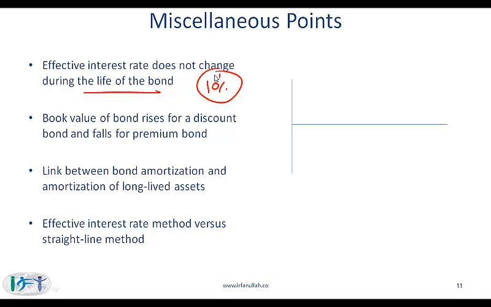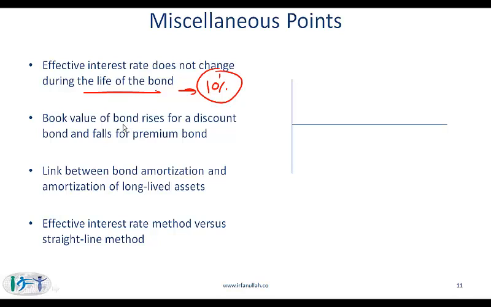Now after that, the rate in the market will keep changing, but as far as the company is concerned, I'm going to record as if the rate is 10%. So I use the effective interest rate, which is what the market rate was when I issued the bond. That doesn't change.